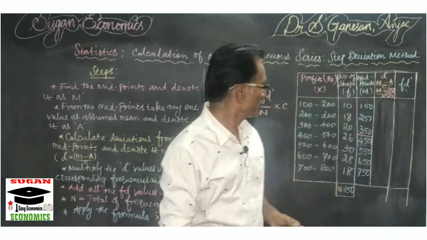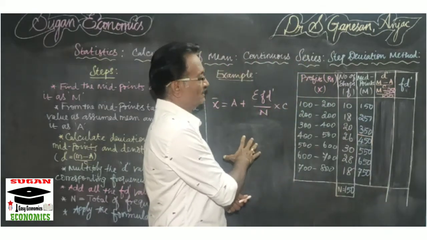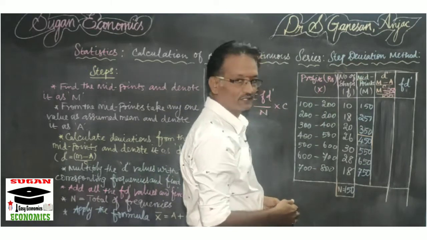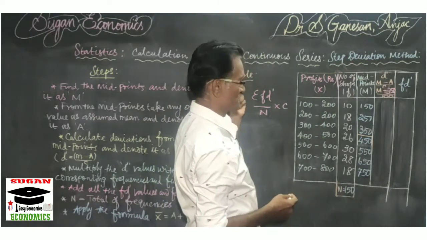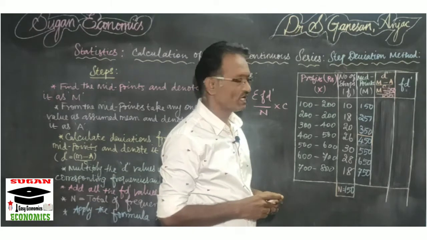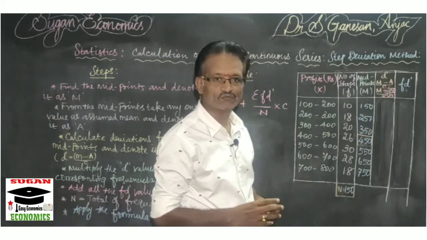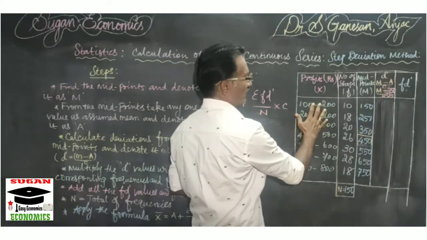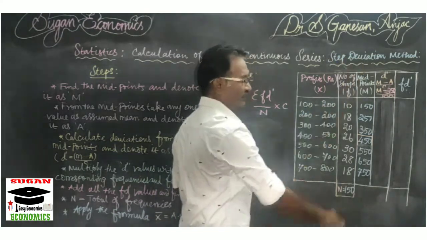Now I explain the calculation of arithmetic mean with the help of the step deviation method with an example. The same example which I took before for the direct method and shortcut method will be taken here for explaining the step deviation method.